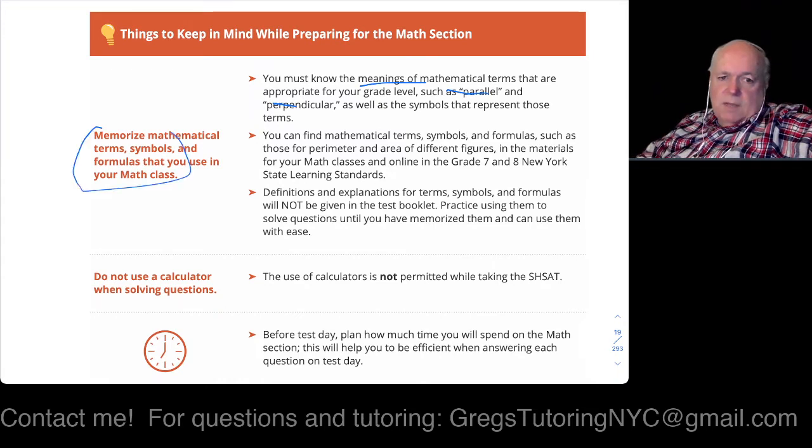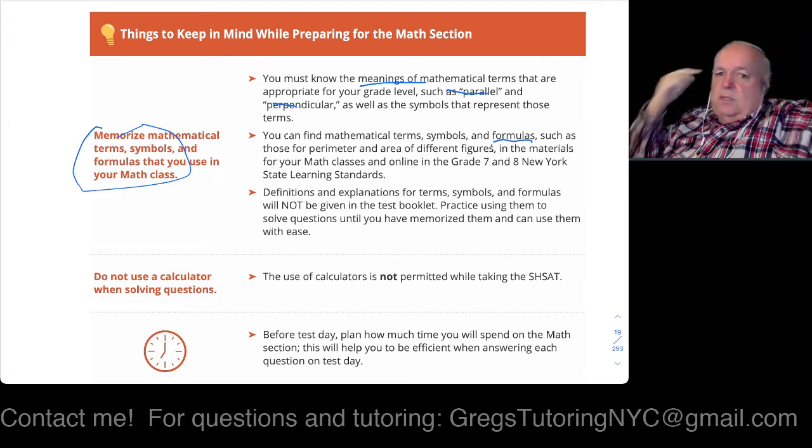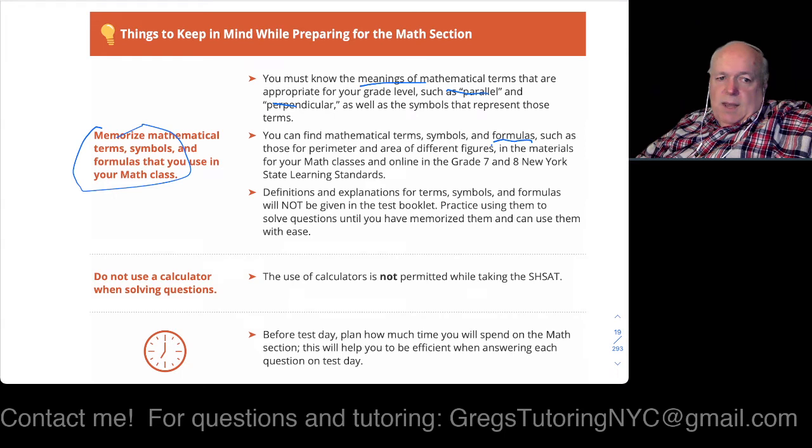But again, formulas, all your formulas you need to know. There will not be a formula sheet provided to you, and you will not be allowed to use a calculator. So you're going to fly by brain power. And again, things like perimeter, areas, 2D shapes, 3D shapes, all this kind of stuff you need to know about, all right?